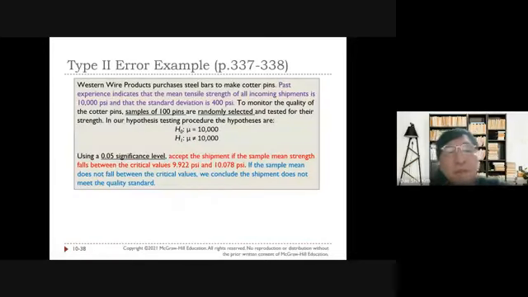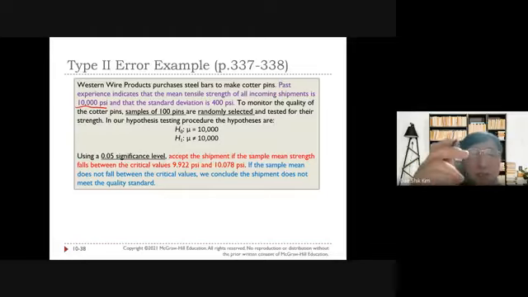Western Wire Products purchases steel bars to make cotter pins. Past experience indicates that the mean tensile strength of all incoming shipments is 10,000 psi, pound force per square inch.